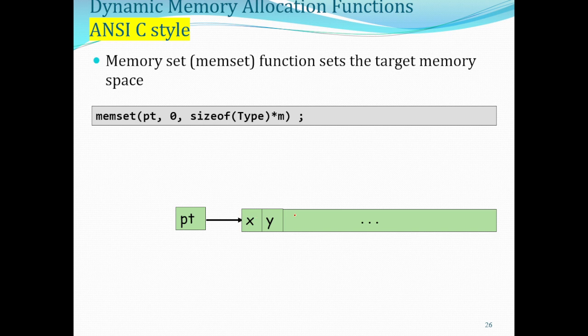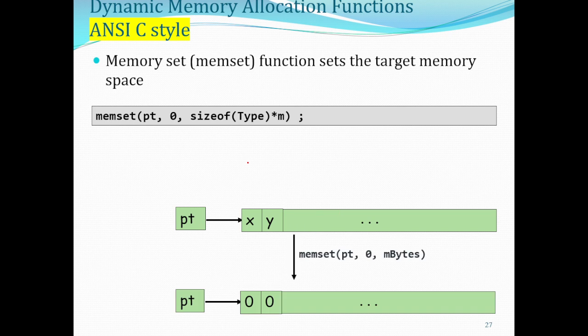We have something, but I don't need those because they are just there, and my allocation function usually doesn't reset this. When I call the memset function with 0, it's basically writing 0 everywhere in that space, for m bytes. It's basically resetting the space for me.